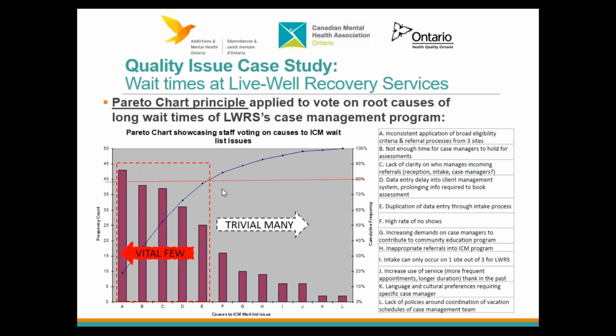So in this case, it's factors A through E versus the trivial many, which is F through L. So if I'm looking at my list of root causes, I would be wise to, again, focus on that A to E, so inconsistent application of our eligibility criteria and referral process between 3 sites, looking at time for case managers to hold assessments, and so on, instead of focusing on those things that show a little impact, such as lack of policies around coordination of vacation schedules, because maybe that's not a big contributing factor.